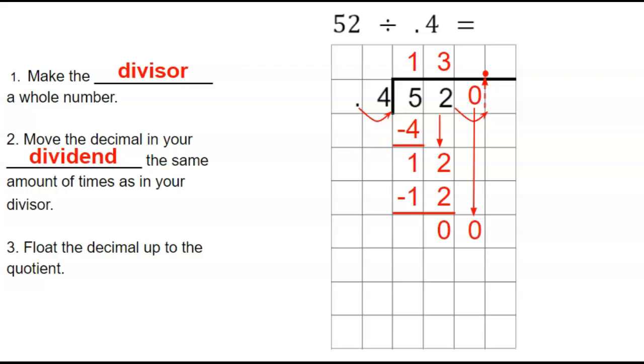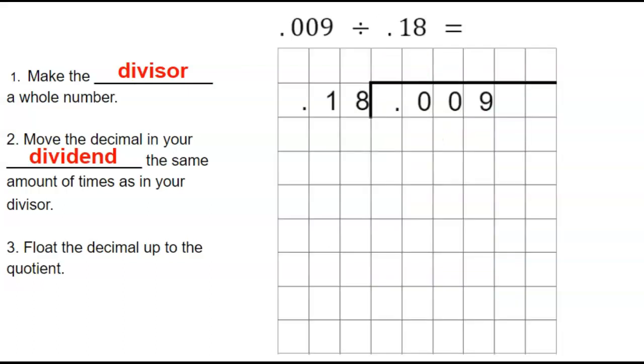So drop your 0. 4 goes into 0 0 times. Subtract that, and we're done. Our answer there is 130. So if we had $52 and we wanted to play an arcade game that was 40 cents, we could play that game 130 times.